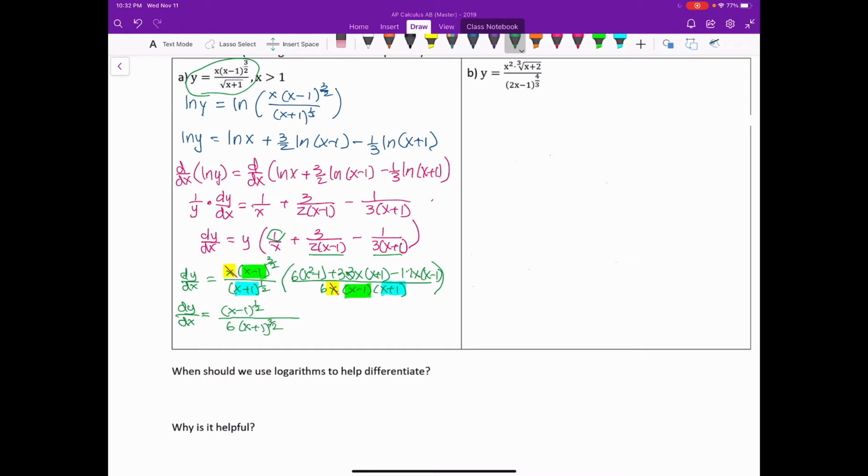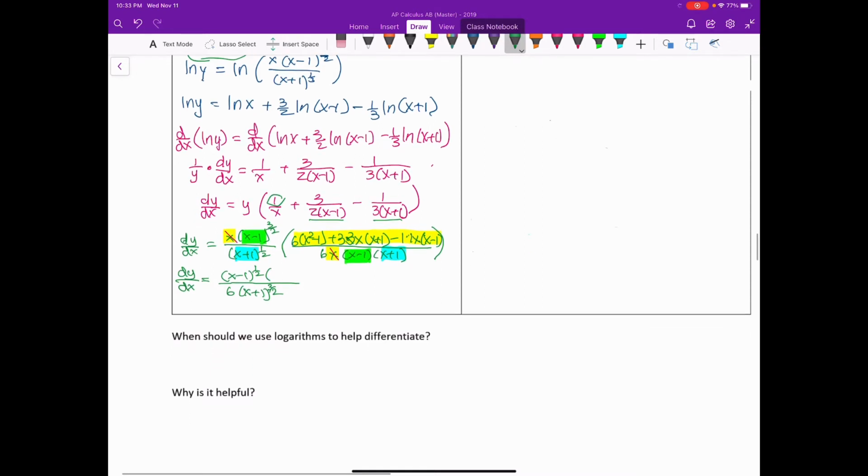I'm just adding the exponents. And then I'm going to simplify all of this stuff here. So the numerator, the one I'm highlighting in yellow right now, all of that mess, I'm going to have to simplify. But I'm going to simplify it on the side, just as scrap paper.